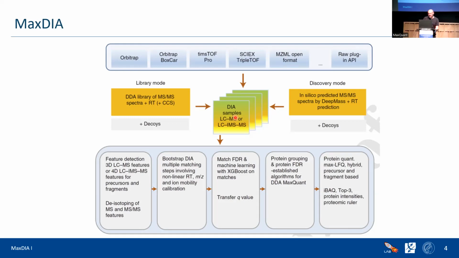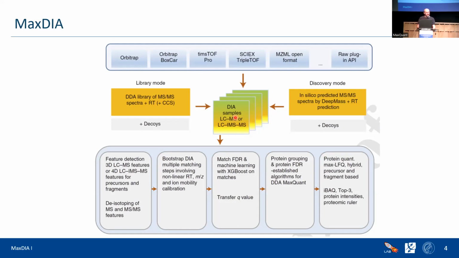What I described in the beginning is the MaxDIA workflow as it was at the time of the publication, about one year old. In the meantime, we have many very significant improvements, and we will talk about those in the end. Most notably, it's the processing speed. MaxDIA tended to be a little bit slow depending on the data, but that's not the case anymore.